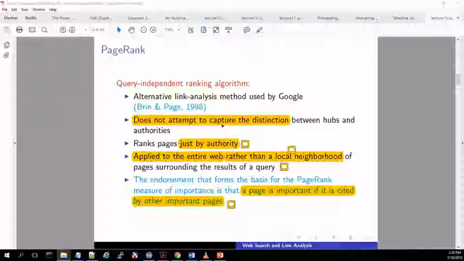Now, you see it does not attempt to capture the distinction between hubs and authority. Now, what do we mean by hubs and what do we mean by authority? It's as the English word is, when you have, for example, an airport, or you have an assembly point, or a garage, a bus garage or car garage.